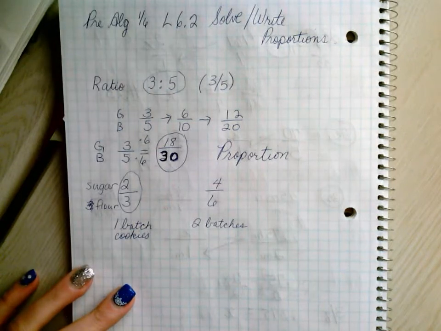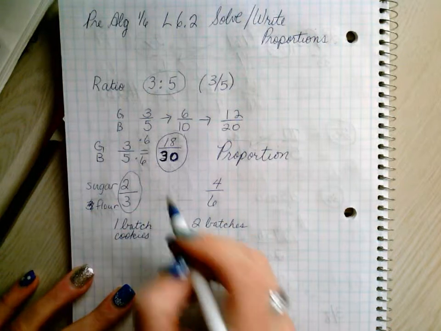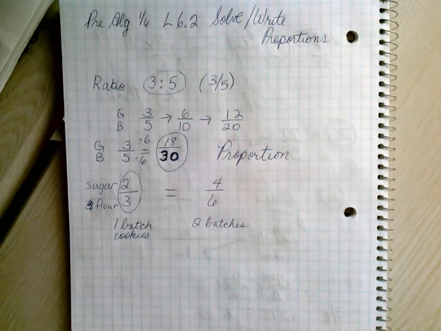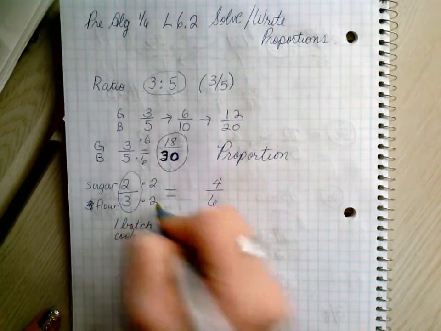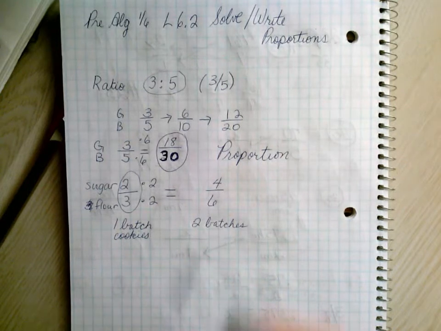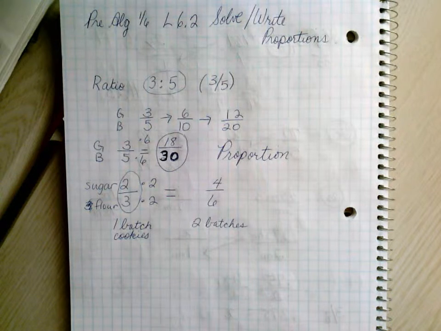Did I double it correctly? Yes. Oh, look, a proportion. By multiplying both numbers by 2, I have now found out how much sugar and how much flour I need for 2 batches of the cookies, not to mention butter and whatever else.